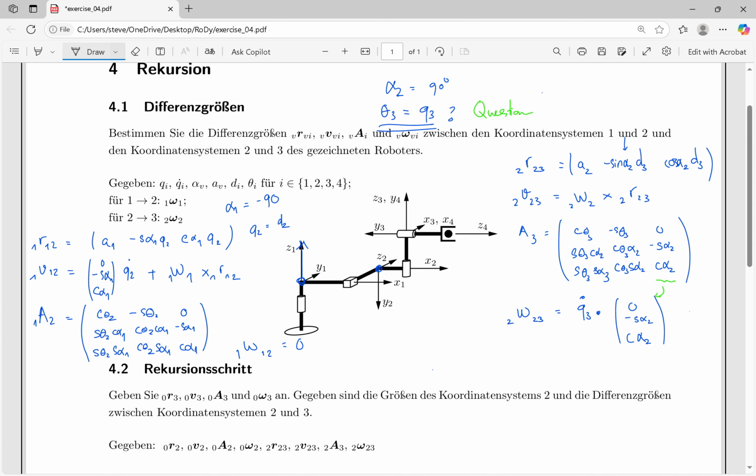The reason is that the angular velocity of 2 could also be influenced by 1. So let's say 1 rotates in this direction, and it takes 2 with it, so 2 also rotates in that kind of arc. If you imagine that rotating around, then 2 rotates around in an arc like this. And so this vector is actually not 0.